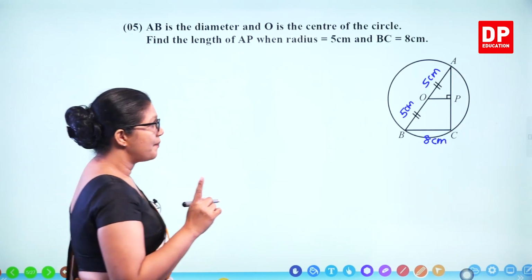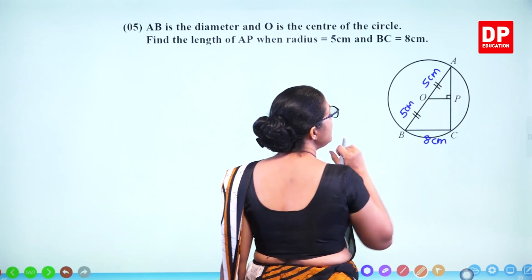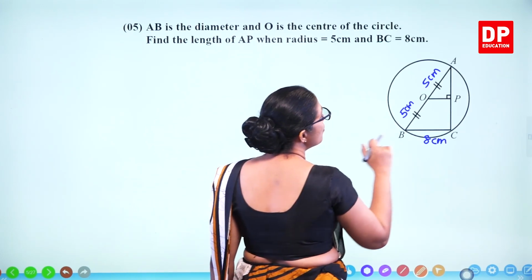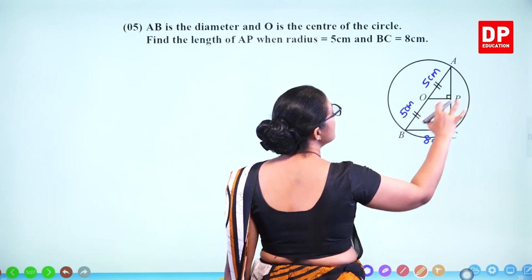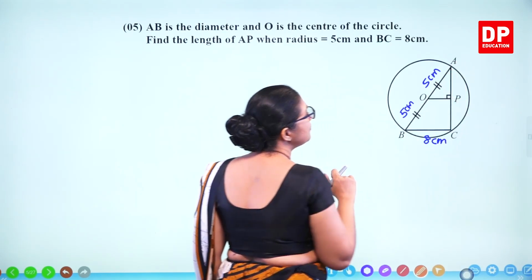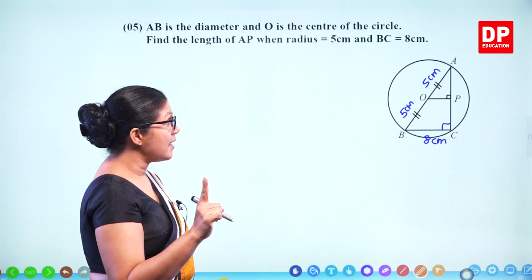Now can you see this is the midpoint. Take this one, AP, and this one. This is 90 degrees, since semicircle angles are 90.